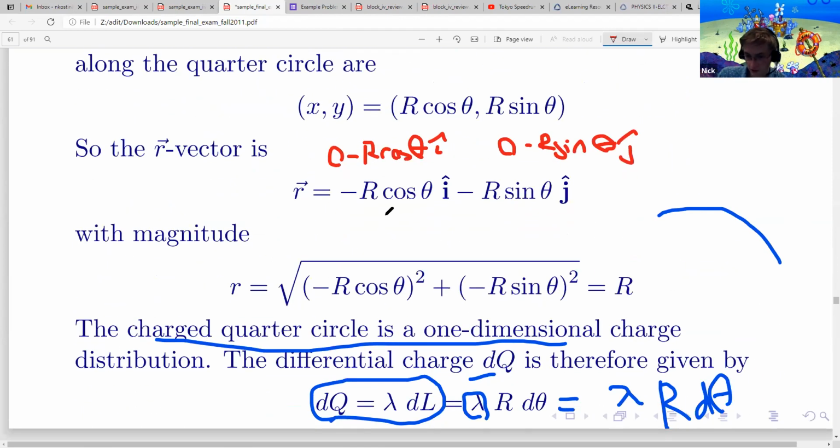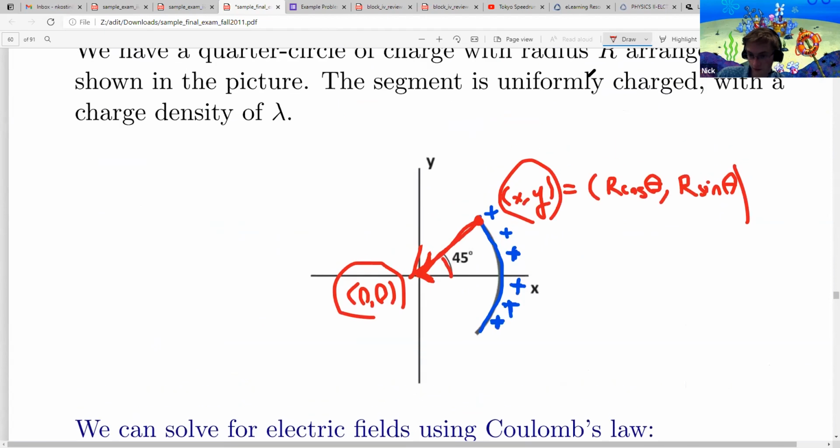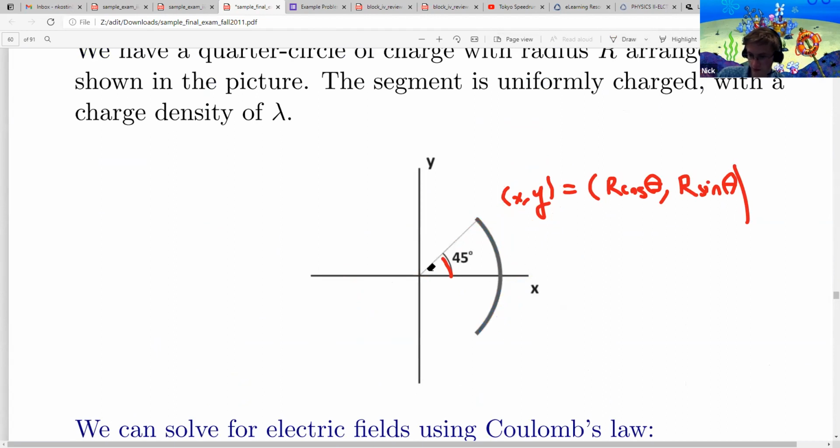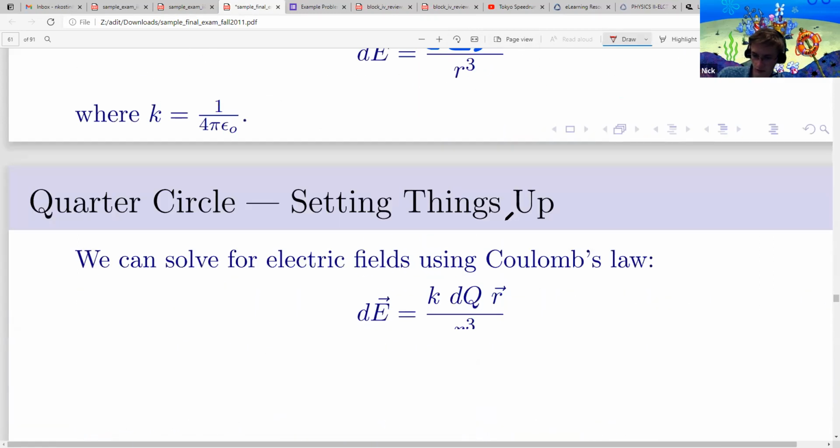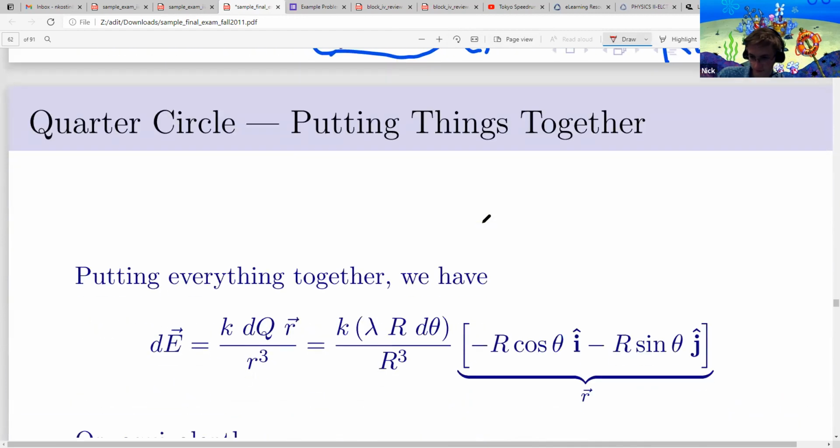For its magnitude, I take each component, square it, add them together, and take the square root. The nice thing is that this is true for any circle. It's sort of like the definition of a circle: all points equidistant from one spot. So all points along this arc are equidistant, and in fact that distance is r from the origin. So the magnitude of my r vector, even without doing any math, is just going to be r, the radius of the circle.